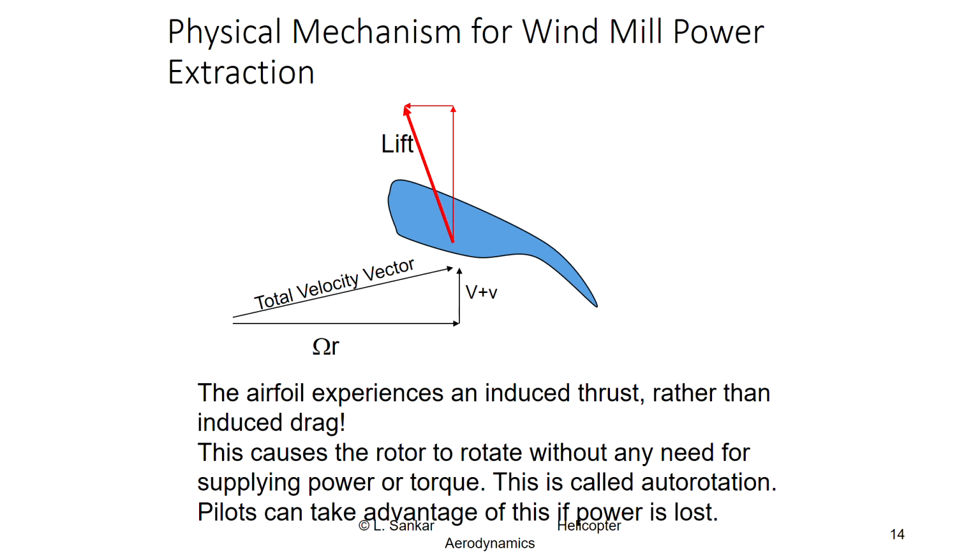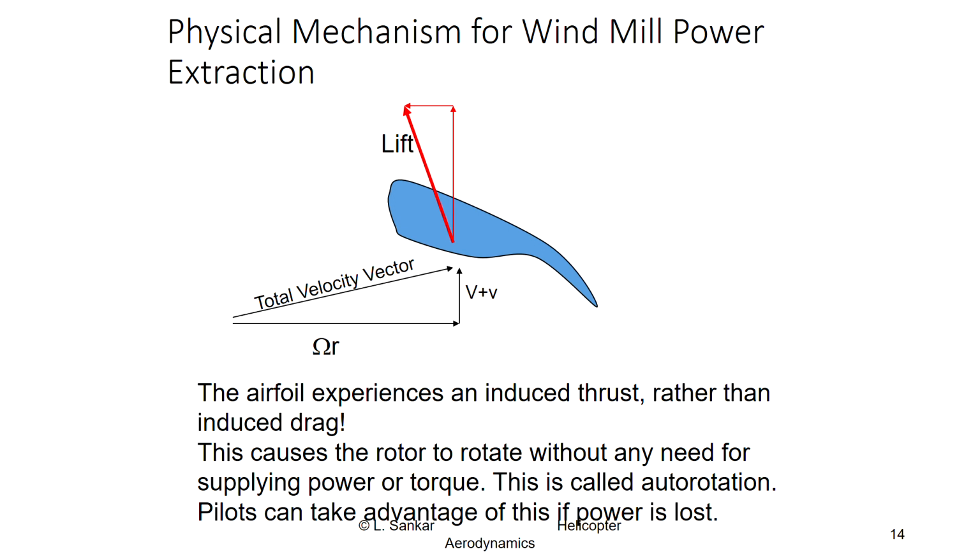Then omega r, the horizontal component, will decrease relative to capital V plus lowercase v. Then the total velocity vector will have a higher clockwise rotation. Therefore, your lift vector will rotate more in the counterclockwise rotation, I should say. Then you'll have a higher forward-directed propulsive force. So this will cause the rotor to spin faster.